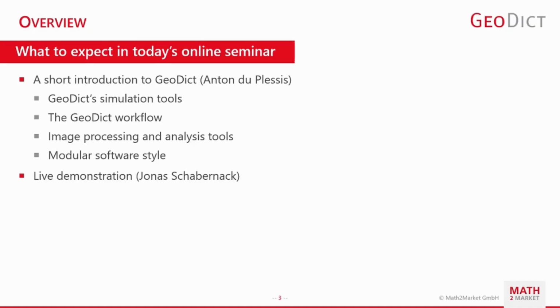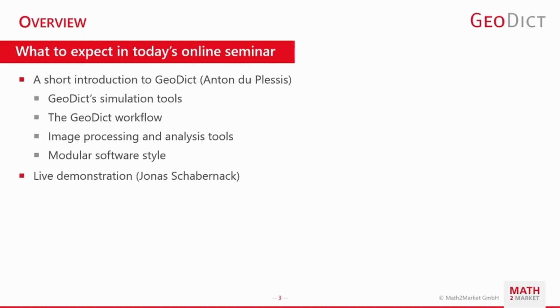In this live demonstration, you will get a real feel for the software, and you will also be able to repeat these steps if you take the recording of the seminar and take the same data from our website, which will be available.